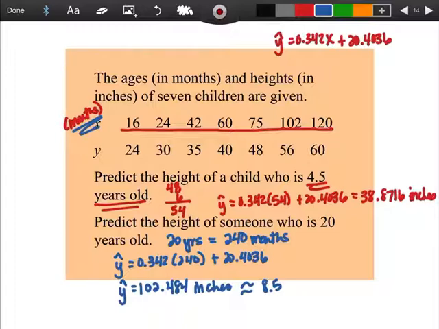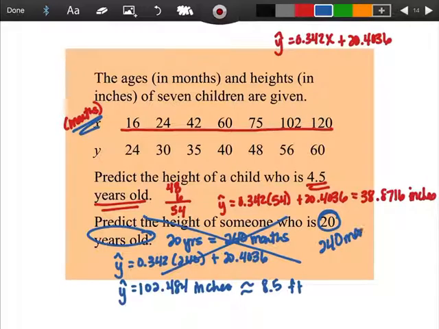Well, if that sounds like a big number, divide it by 12, and that means we have an approximate height of 8.5 feet. On average, I don't believe 20-year-old individuals are 8.5 feet tall. So there's clearly a problem with using this equation to predict the height of somebody who is 240 months old.